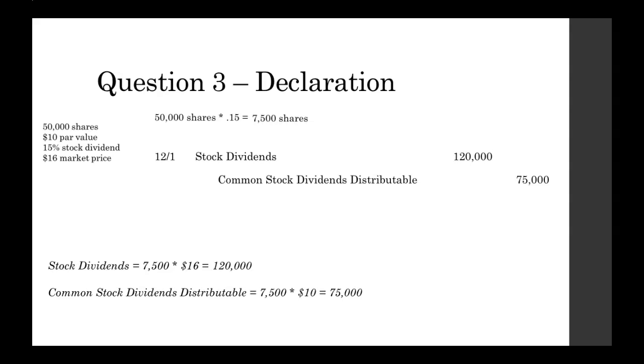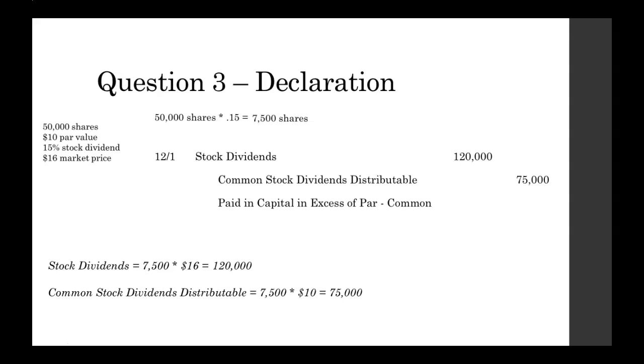Now, one last account here to deal with, because our debits and credits don't equal, right? When we declared this stock dividend, the market price was $6 more than the par value. And what account do we use here? Paid in capital in excess of par, common. So, again, you could just take the 120,000 and subtract the 75,000. You could get the number that way.